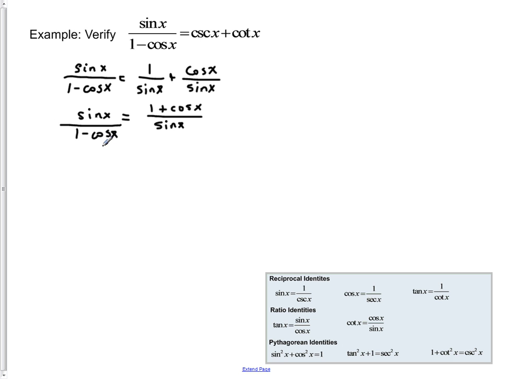And now you look at this and you scratch your head a little bit and you think, well, that hasn't helped me at all. I've got sine in the numerator of my fraction over here, 1 minus cosine of x in the denominator, and I've got 1 plus cosine of x up here in the numerator, sine of x in the denominator. How could I possibly get from one expression to the other? Well, this is where you have to use your imagination a little bit.